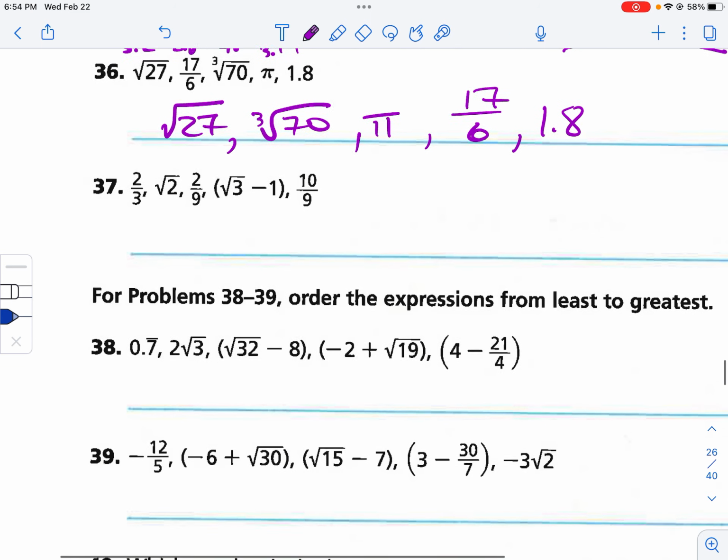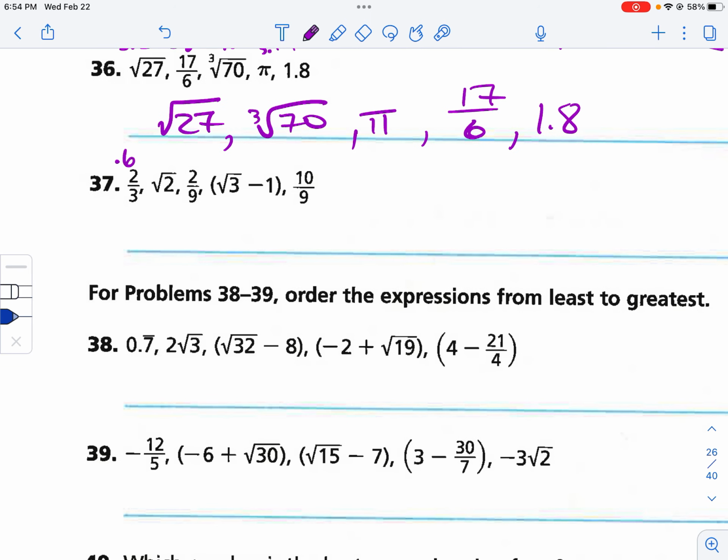This one, this is 0.6 repeating. This is going to be 1 point something. This is 0.2 repeating. This is 1.9. 1.8 minus 1, so that's negative 0.8. And then this is 1 and 1/9. Okay.